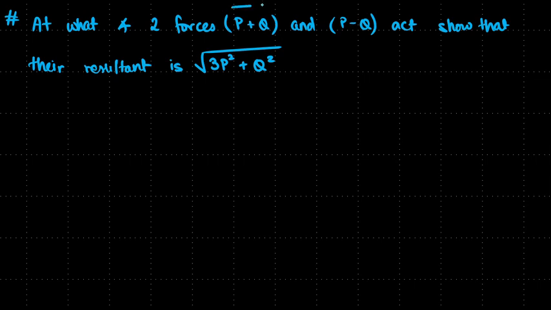If there was an arrow sign, it would refer to P plus Q as a symbol for the vector, whereas just writing P plus Q with nothing generally refers to a magnitude. So we have two forces, one is P plus Q and the other is P minus Q, and the resultant should be square root of 3P squared plus Q squared. And the question that we have is, at what angle do the two forces meet?